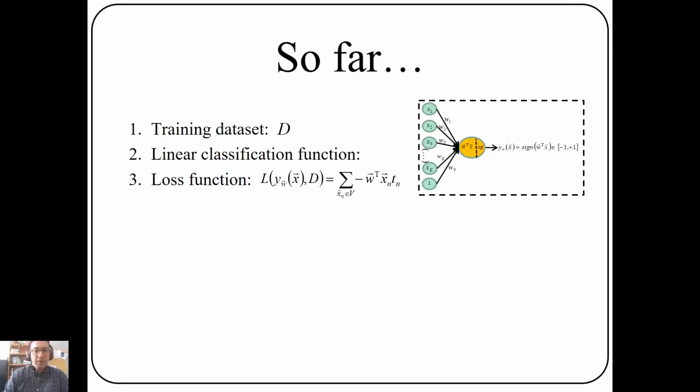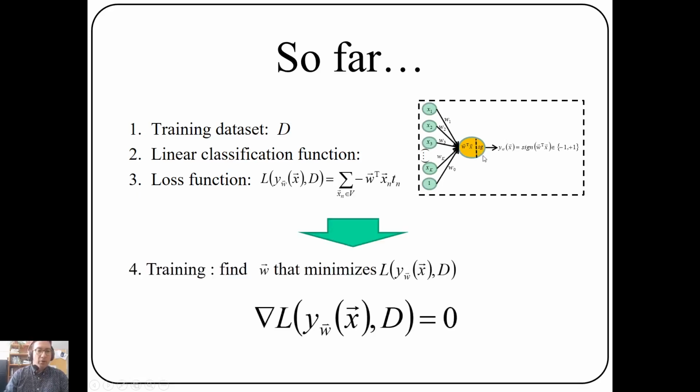Obviously, the linear classification is a neural network, which accounts for a dot product and a nonlinear activation function. And we have a training algorithm, a gradient descent or stochastic gradient descent algorithm, whose goal is to find the best W's, and the best W's correspond to a configuration where the gradient of the loss with respect to W's is equal to 0.